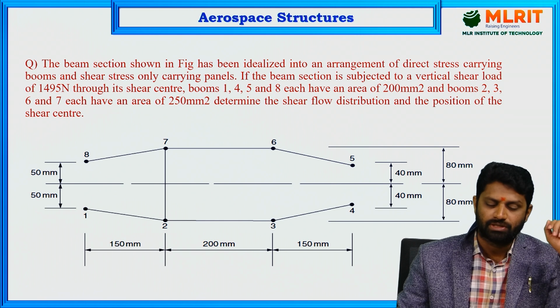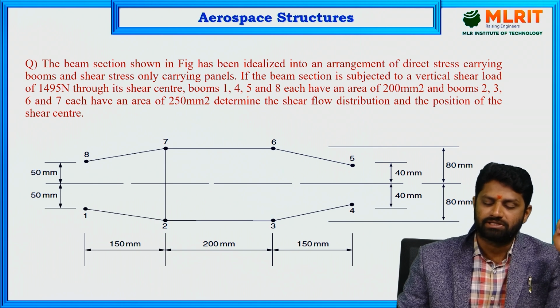Booms 1, 4, 5 and 8 each have an area of 2000 mm square, and booms 2, 3, 6, 7 have an area of 250 mm square. We are asked to determine the shear flow distribution and the position of the shear center.